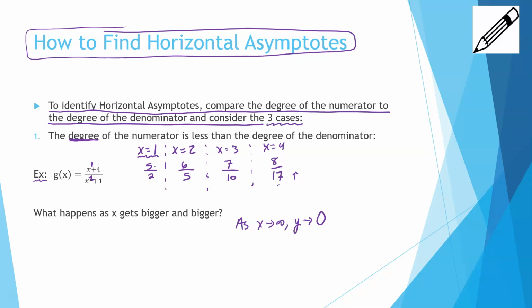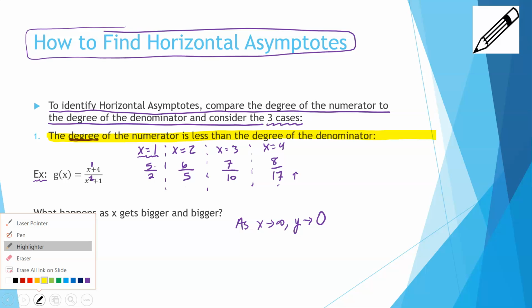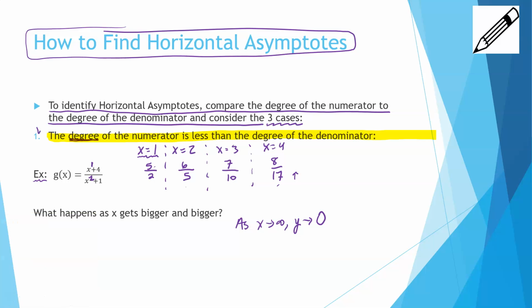And what that means, and this is what I need you to write down, is that when the degree of the numerator is less than the degree of the denominator, there is a horizontal asymptote at y equals 0.